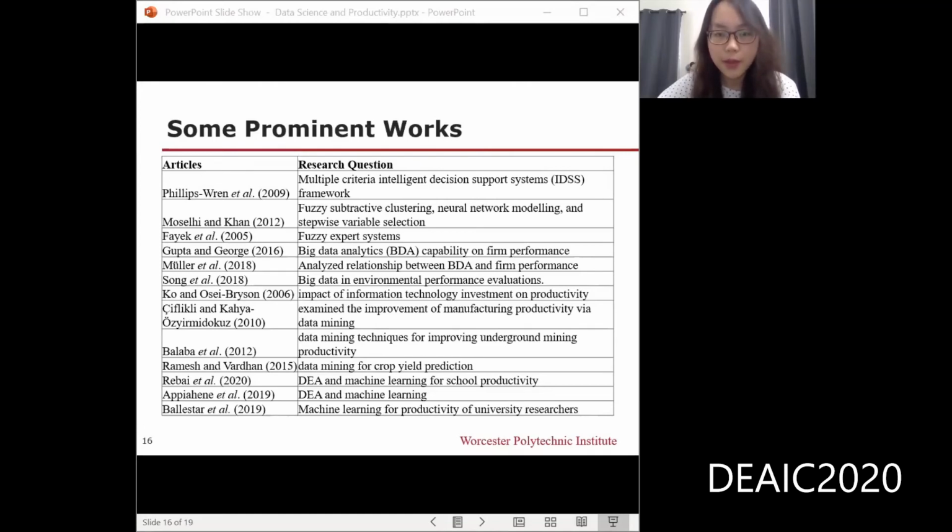They studied the impact of information technology productivity on bank efficiencies and verified that information technology has a significant impact on bank performances. Ballester et al., 2019, developed a novel machine learning approach for evaluating the productivity of university researchers.